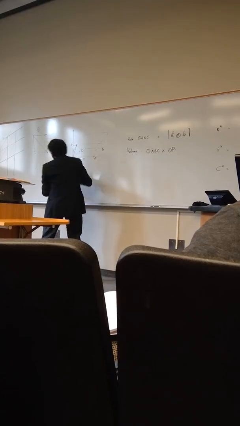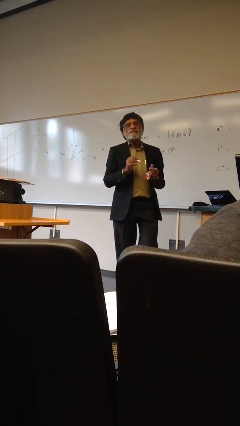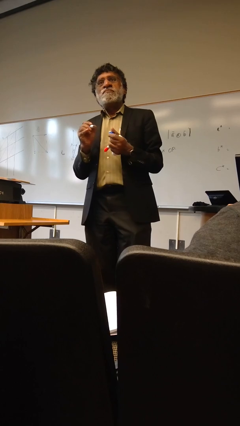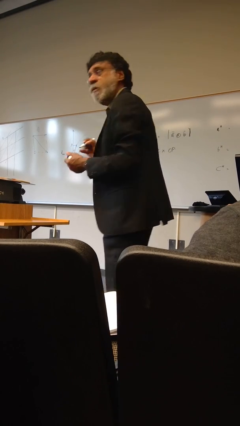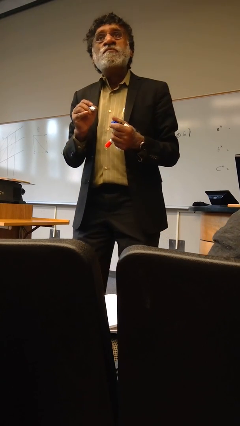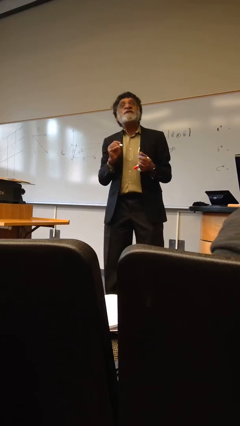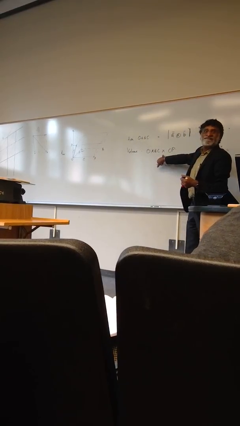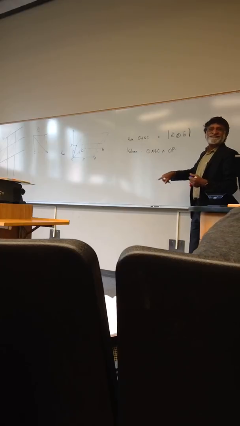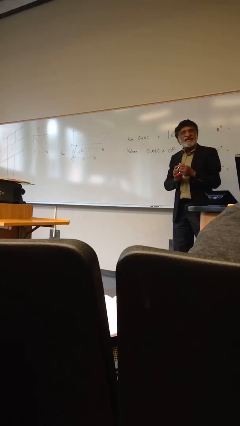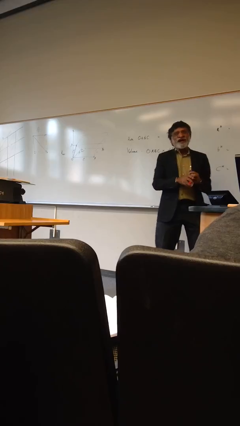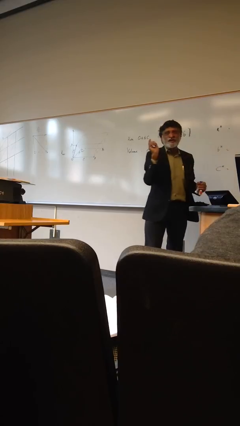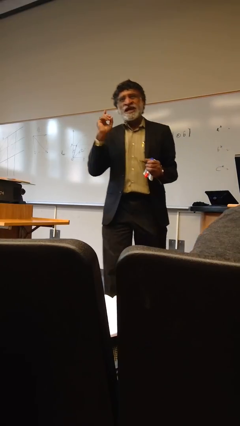For the volume, it's multiplication, that's why it doesn't have a circle. I make sure that I put the circle on the board, so you can differentiate between multiplication and cross.